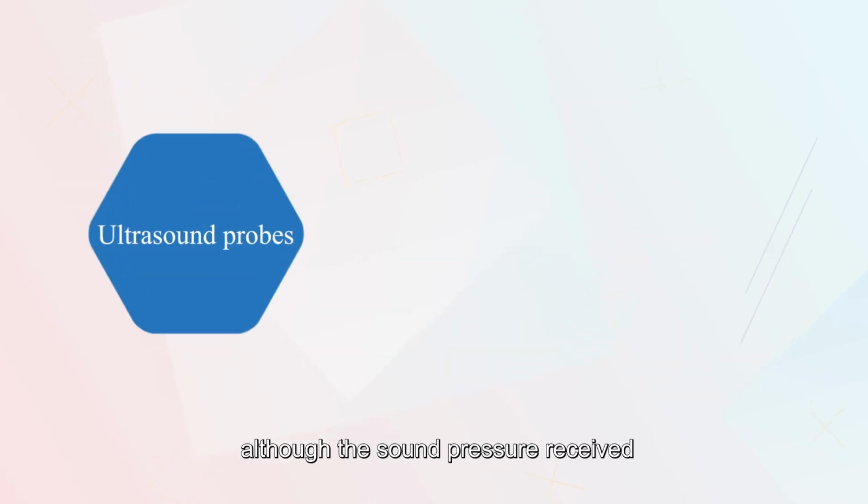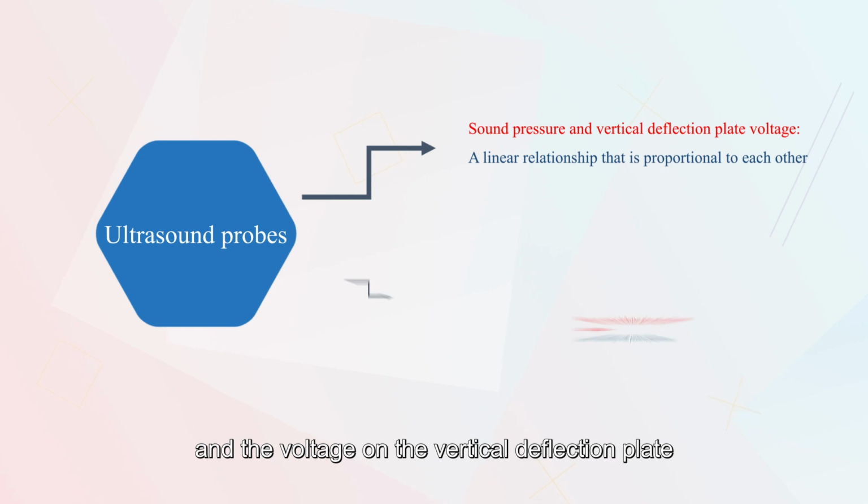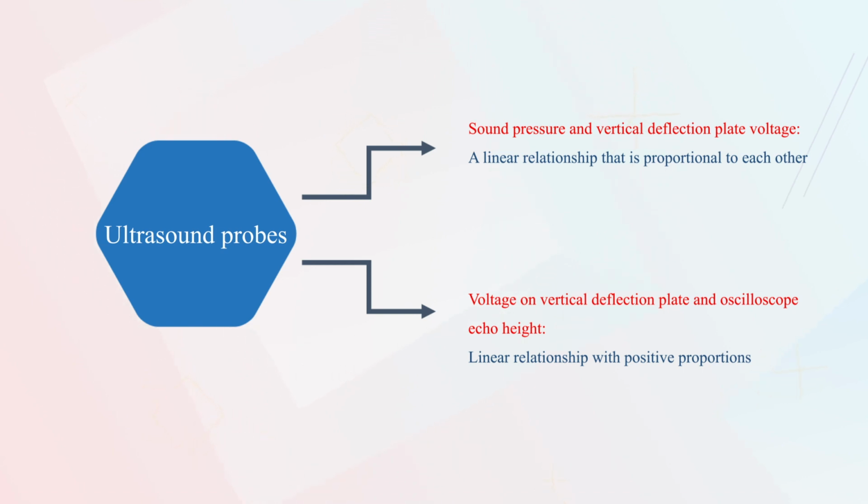Therefore, the sound pressure received by the ultrasonic probe has a positive proportional linear relationship with the voltage on the vertical deflection plate, and the voltage on the vertical deflection plate has a positive proportional linear relationship with the echo height on the oscilloscope screen.